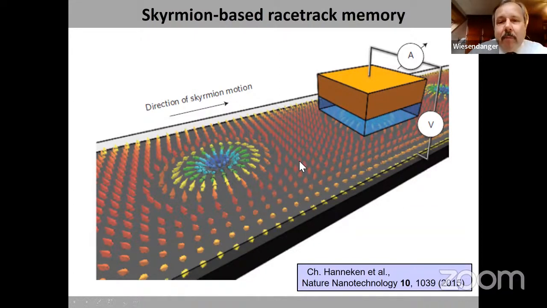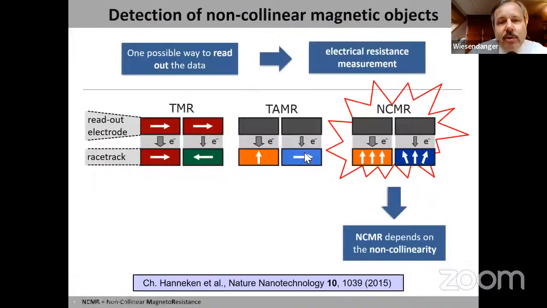You basically modify your spin texture in the magnetic storage layer. So then we had to come up, that was discussed in this publication, with a solution to this problem of the skyrmion-based racetrack. And the solution was another kind of new magnetoresistive effect, which we call the non-collinear magnetoresistance effect.